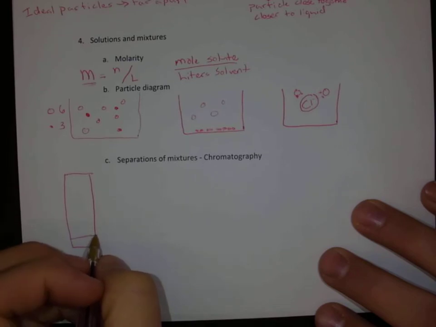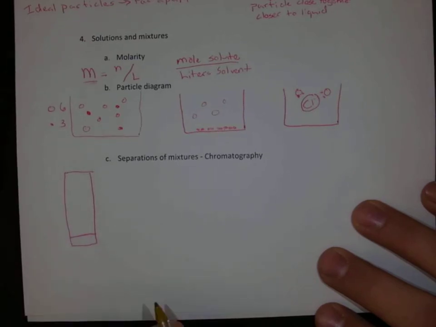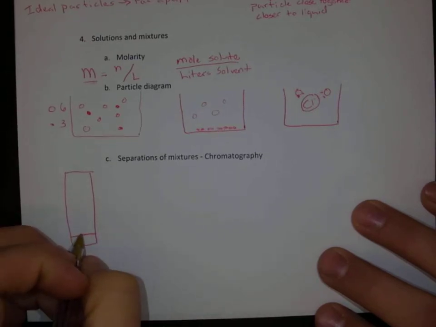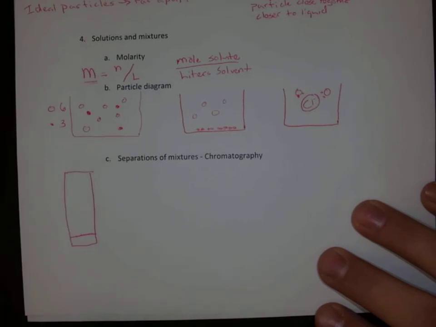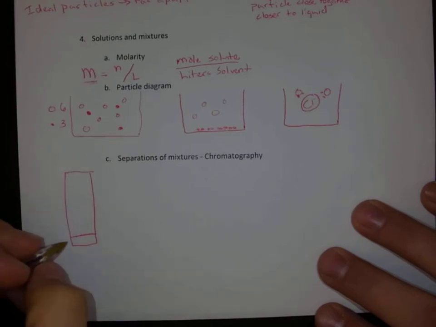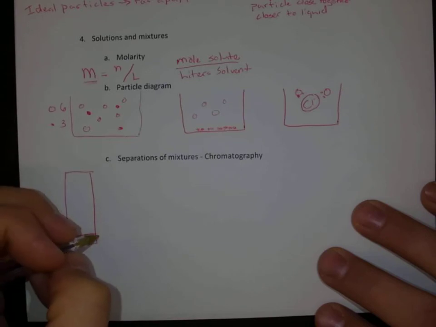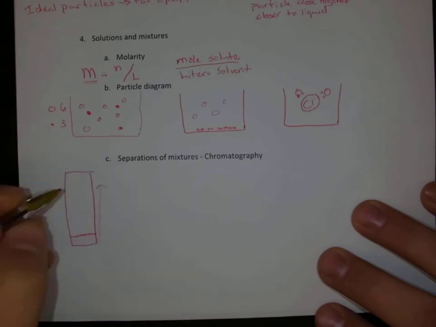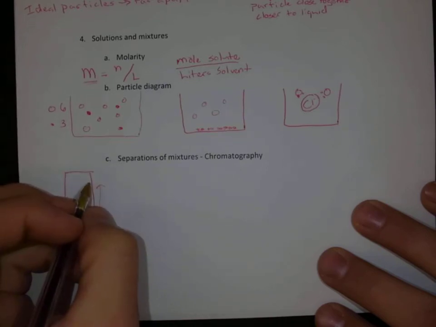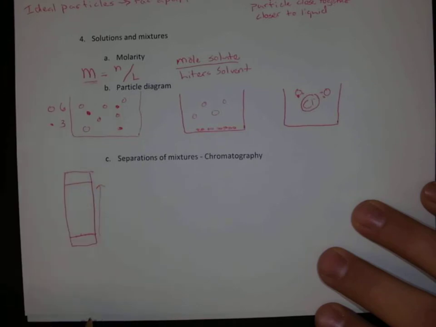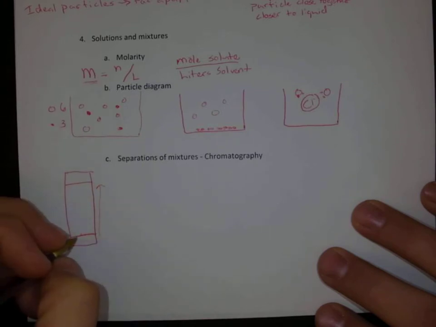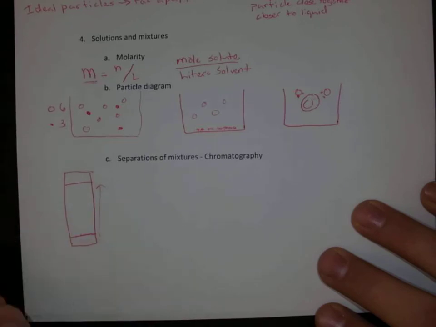So right down at the bottom, we're going to put a line, and we're going to put each of our compounds down at the bottom there. And then we're going to put this into some sort of liquid, and that liquid is going to travel up the paper or up the silica until it reaches a point. As it does that, it's going to pull along the compounds that we put on there.